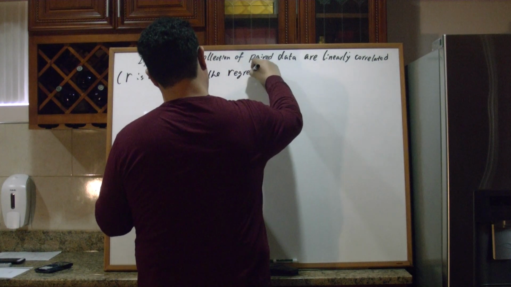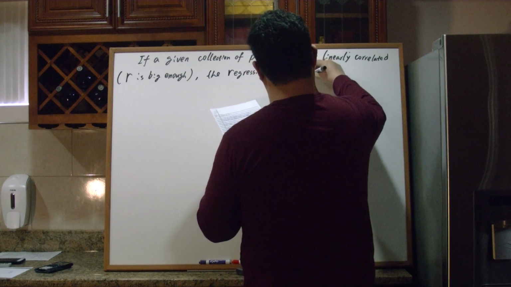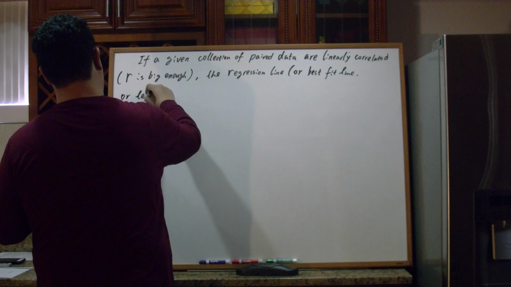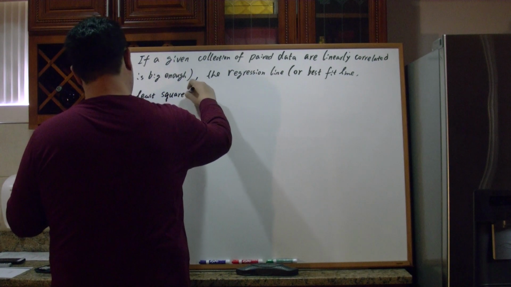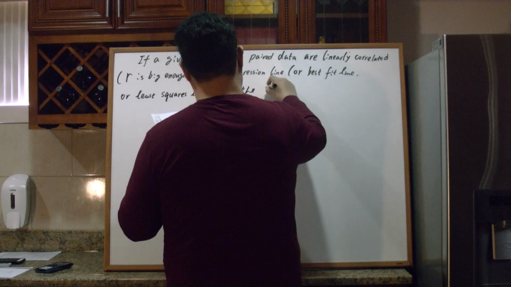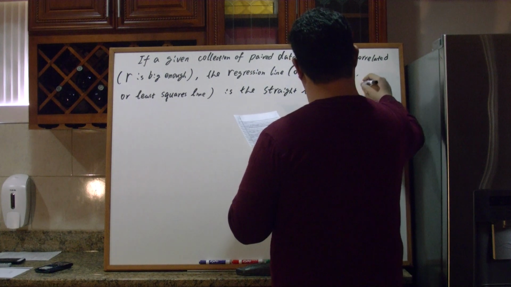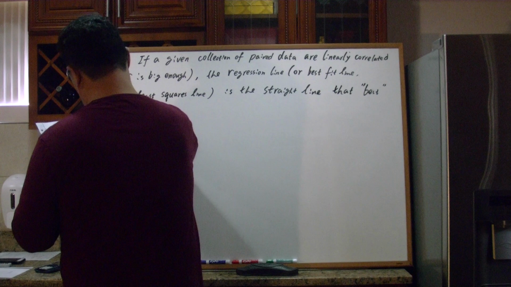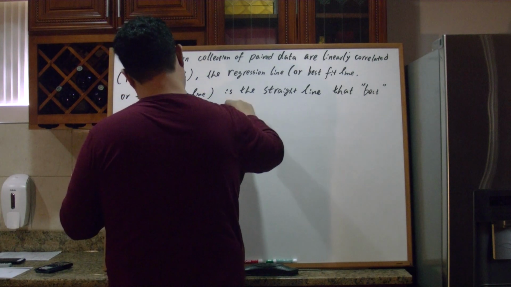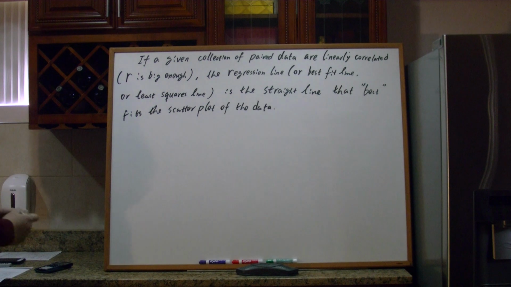The regression line, sometimes it's called the best fit line, sometimes it's called the least squares line, is the straight line that best fits the scatter plot of the data.